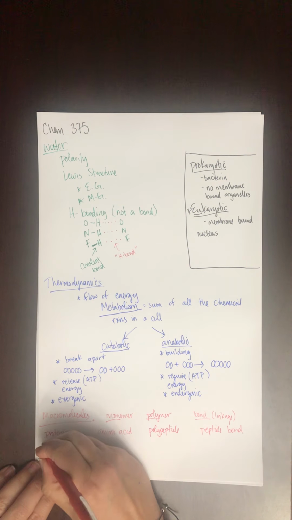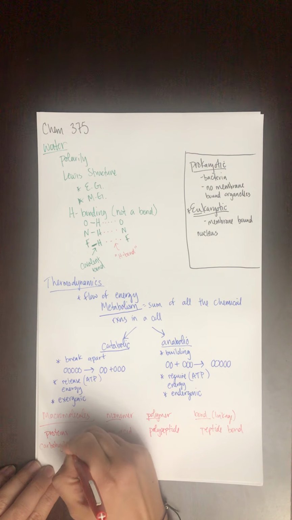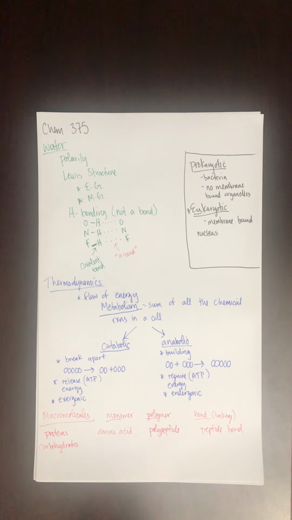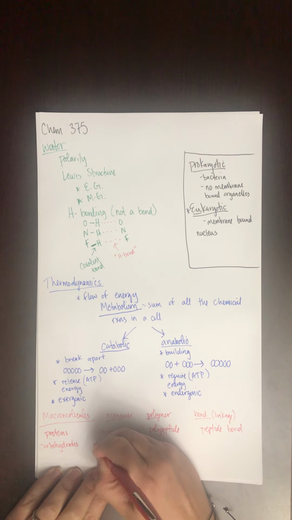The next are carbohydrates. So a lot of science words define what they are in the name. So carbo means carbon, hydrate means water. So a carbohydrate is made up of carbon, hydrogen, and oxygen. Water is made up of hydrogen and oxygen. The monomer form of a carbohydrate is called a monosaccharide.